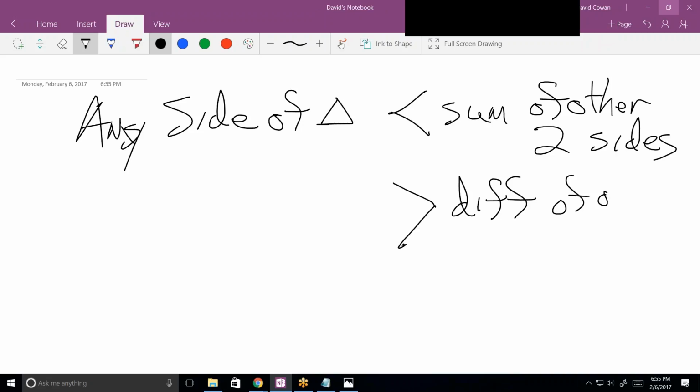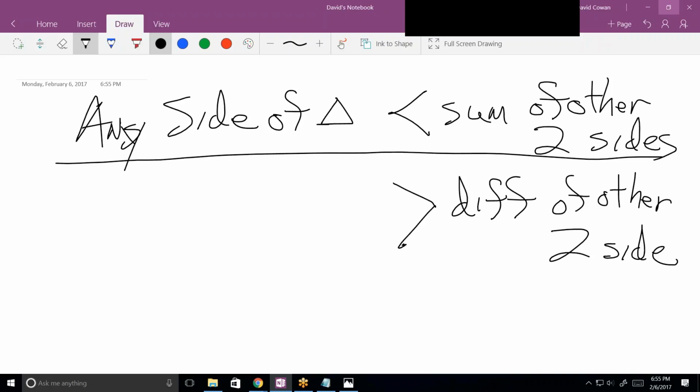And notice that I didn't really have to remember the second part. I just had to know that it was the reverse of the first part. In other words, if I remember this part right here, I always know this part down here because I switch the direction of the inequality and I turn sum into difference.